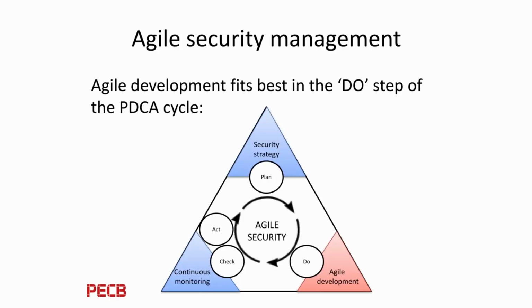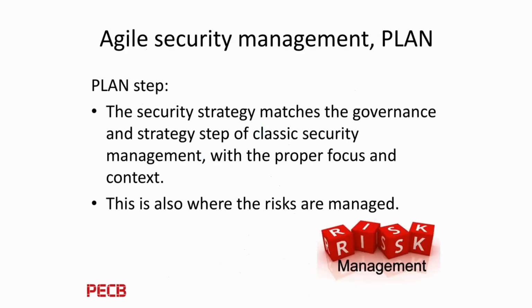So what we did was, in fact, keep this model, try to fit in agile development in the plan, do, check, act cycle, and then see what it means for the way of working within security management. Next slide, please, Arthur.